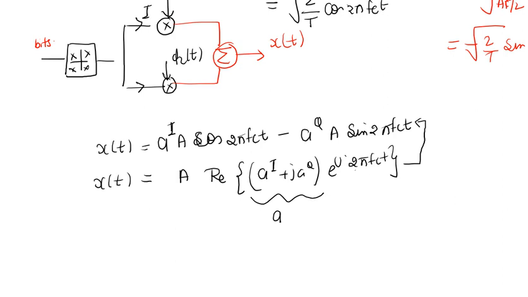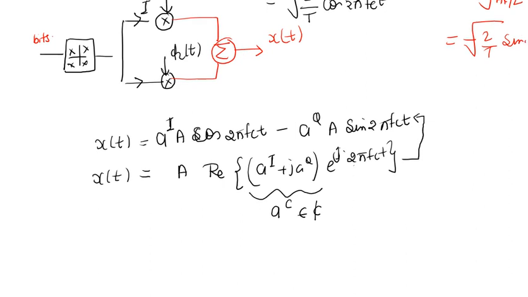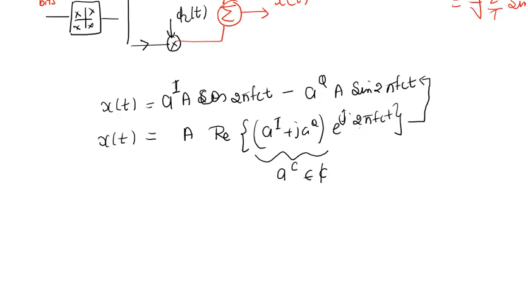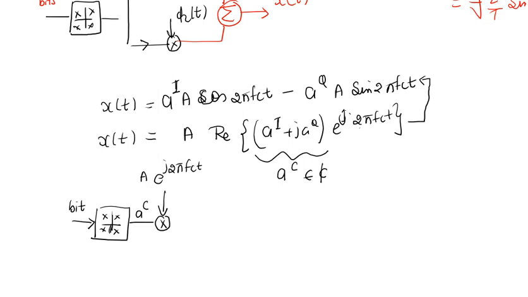So this is some complex number. We represent it by A superscript C. So in many places you will find that this is the schematic of the QCM transmitter, where this is A^C, this is the bits, e to the power j 2 pi fct, take the real part.